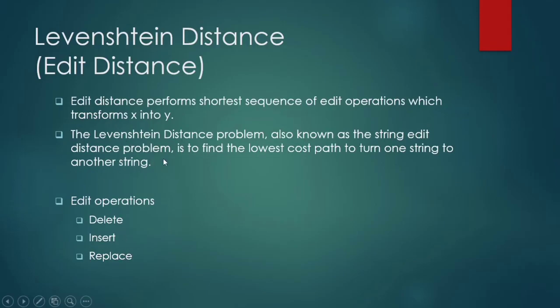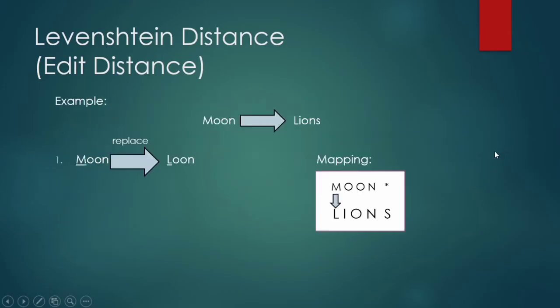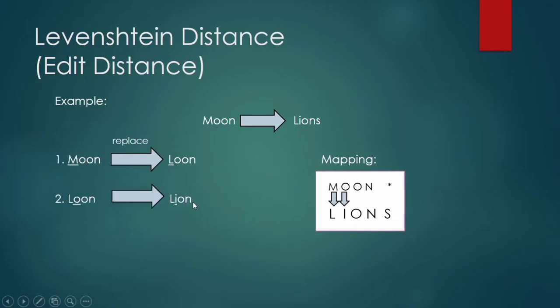So let's take a look at an example. We want to transform the word moon into the word lions. The operations you have to perform are that, first of all, we replace the M with L. So from moon we get the word loon. Then we replace the second character O with an I. The next two characters O and N we don't need to change.